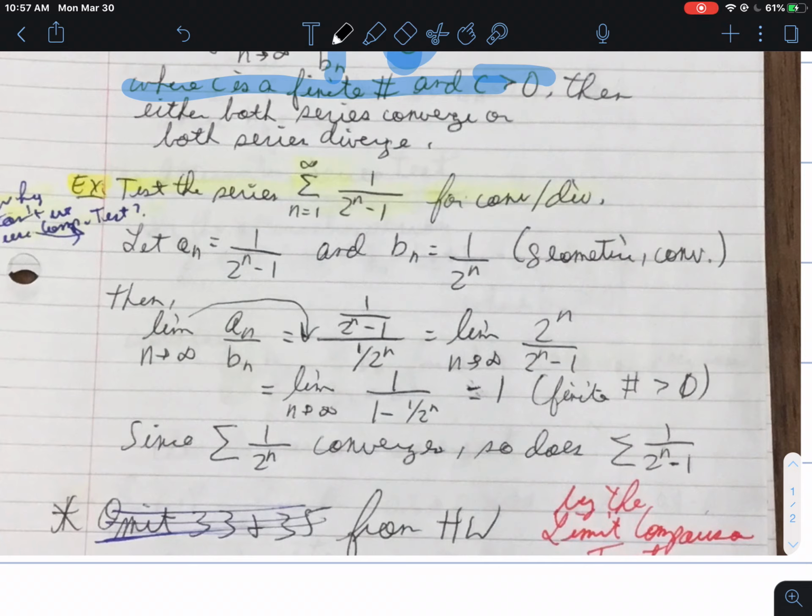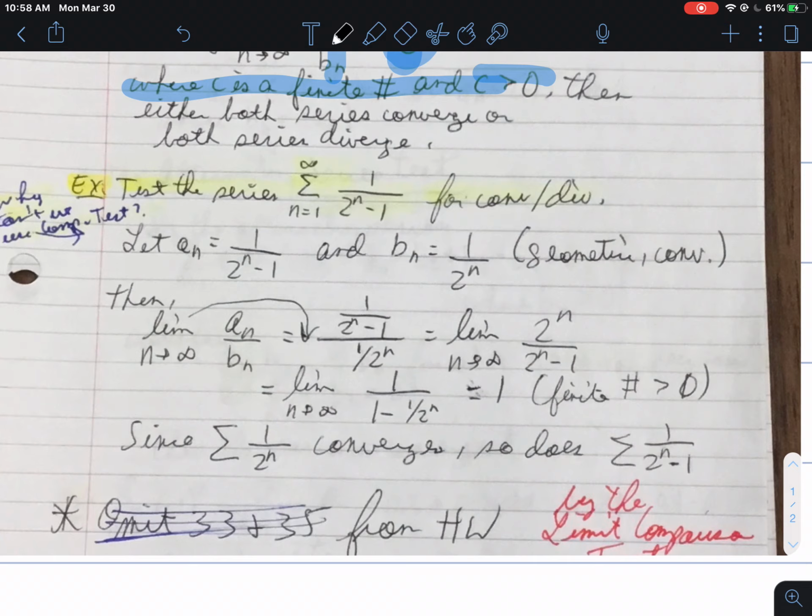And so this is kind of how you can recognize when I can use comparison tests versus limit comparison tests. Right? And I always start out checking first direct comparison. What series can I compare it to, p-series or geometric series? And if my series is greater than a divergent or less than a convergent, then I'm good. I'm done. But if we have something like in this case, my terms are larger than those of a convergent series, direct comparison doesn't work.